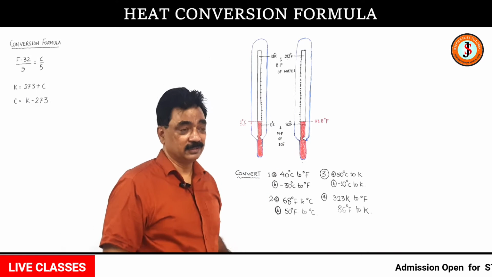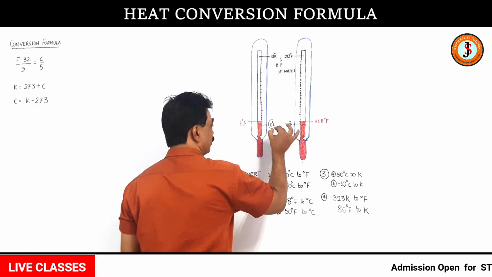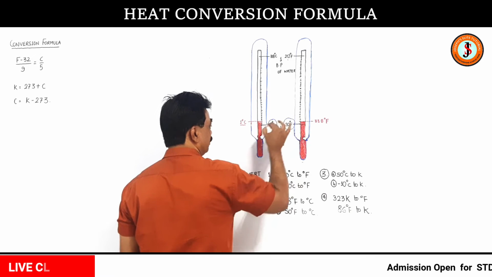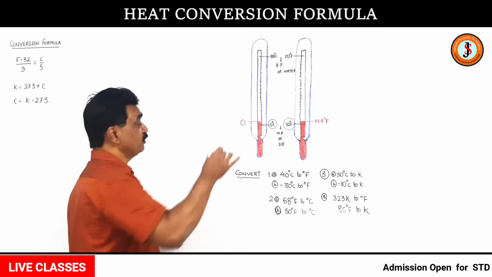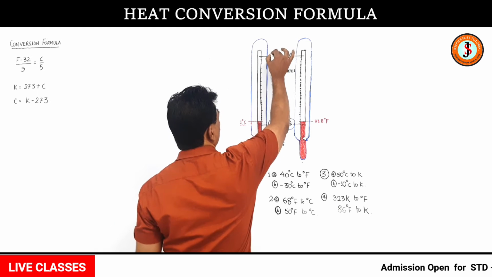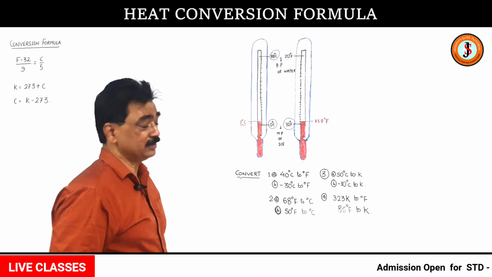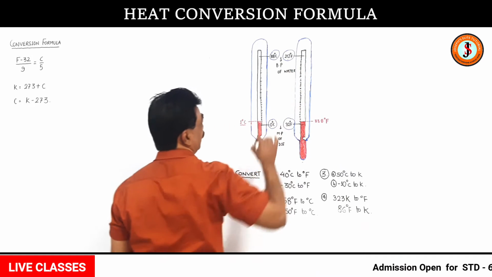Then what is the difference? Actually, in degree centigrade, the melting point of ice is 0 degree, and in degree Fahrenheit, the melting point of ice is 32 degree Fahrenheit. And then we go to the boiling point. The boiling point of water is 100 degree centigrade in Celsius, and in Fahrenheit it is 212 degree Fahrenheit.